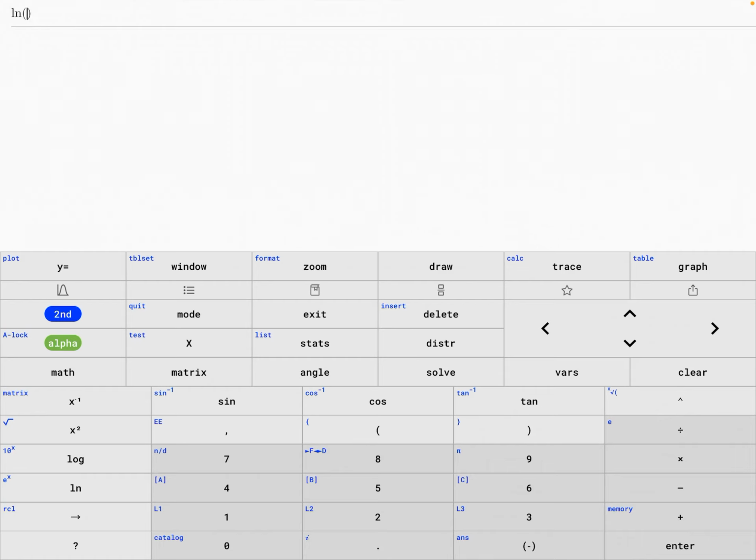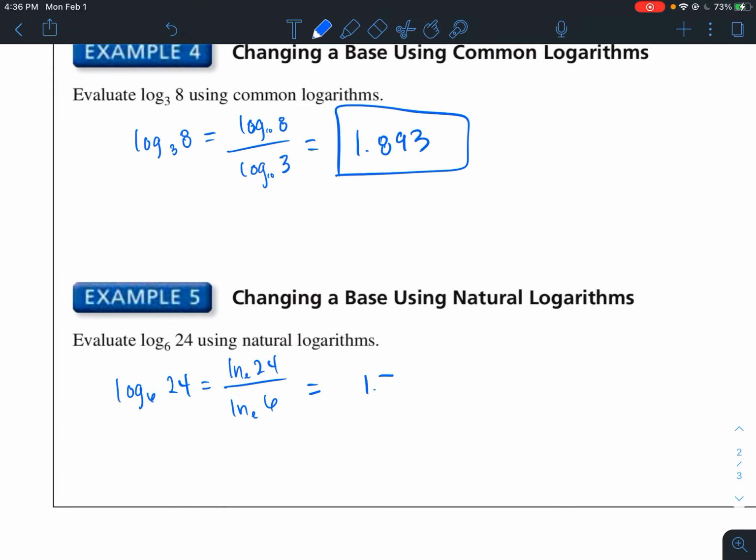So I'm going to do the natural log of 24 divided by the natural log of 6. And I get 1.774. Okay, so there you go. And that's pretty much all there is to it. That's all the change of base formula is.